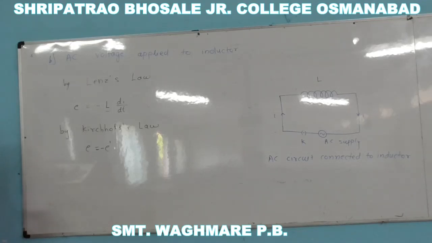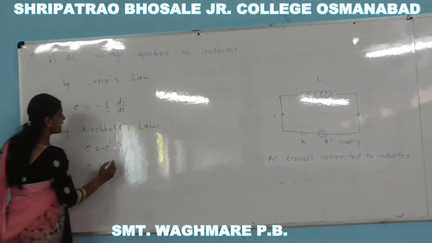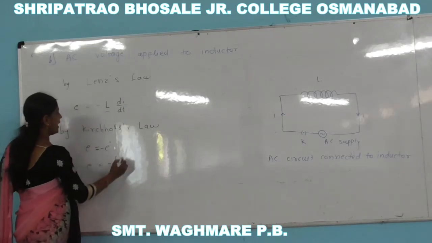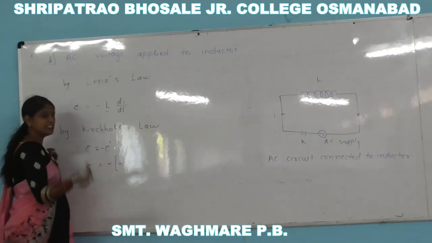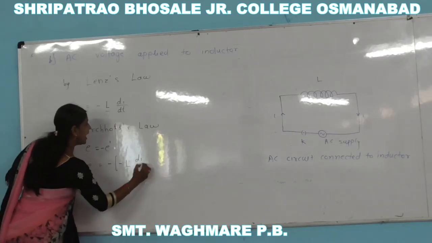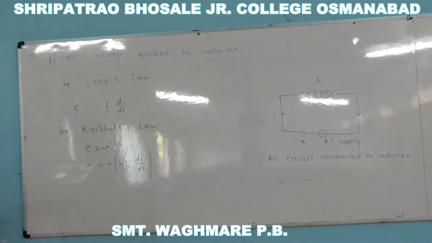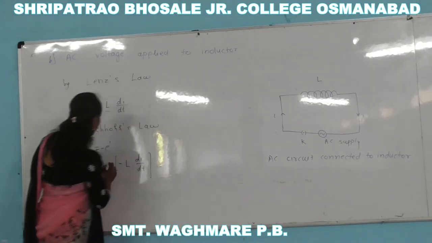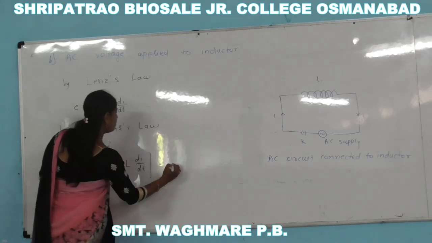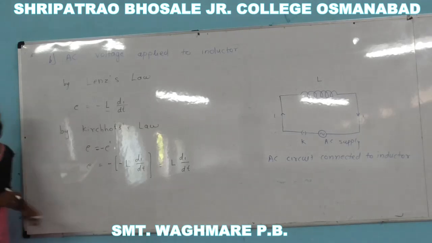We can put the value of E dash in this equation. The minus sign remains as it is, and E dash, that is the induced EMF, is equal to minus L into di by dt. The minus minus cancels, and therefore E is equal to L into di by dt.